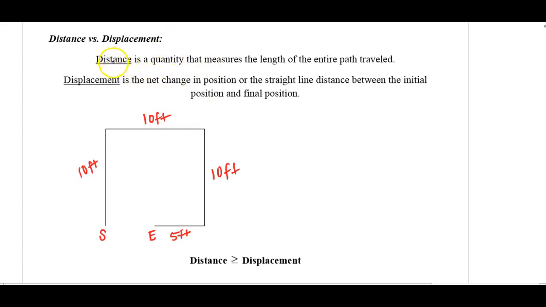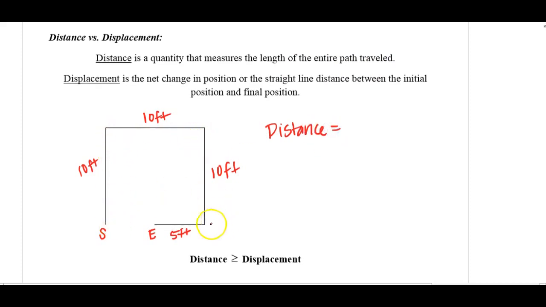If I wanted to ask what is the total distance traveled, that's the length of the entire path traveled. So the distance would be 10 plus 10 plus 10 plus 5. So my distance traveled is a total of 35 feet. As opposed to displacement, the net change in position, or the straight line distance between the initial position and the final position.